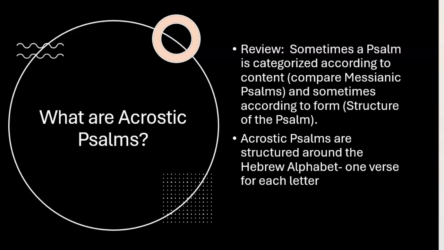So, like we're talking about acrostic psalms today, they might have several different themes in the psalm, but it's all one kind of psalm because each of the lines begin with a different Hebrew letter. So this one is form rather than content, and it's structured around the Hebrew alphabet, one verse for each letter.